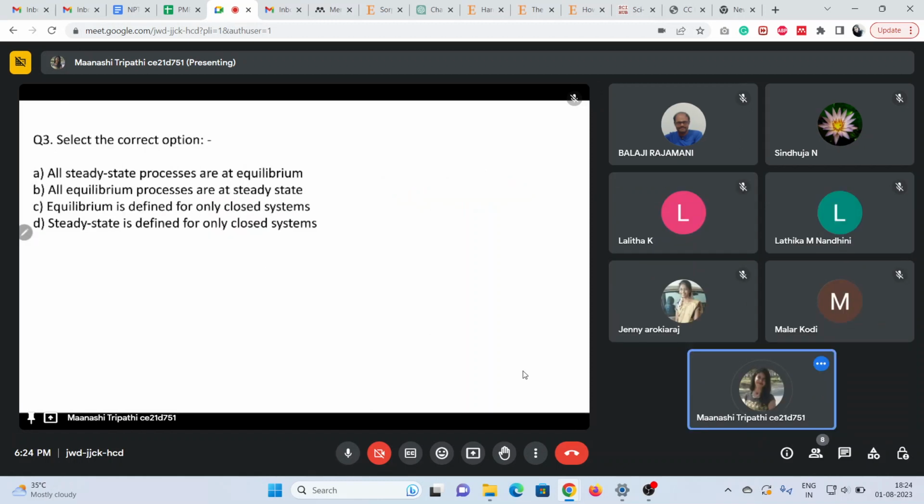This part was very well discussed by sir. He was giving the example of a batch system as well as a continuous system. Batch system means there is no incoming and outgoing flow. Like you are taking NaCl in water, and after some time you are measuring the concentration of chloride or sodium.